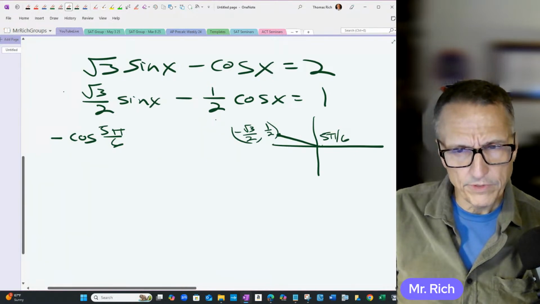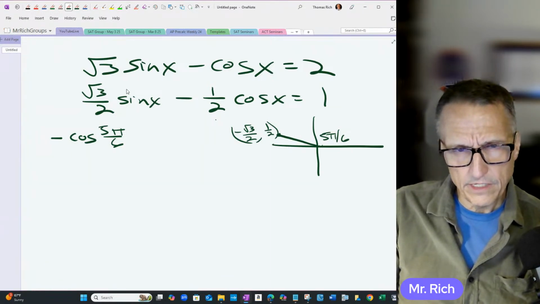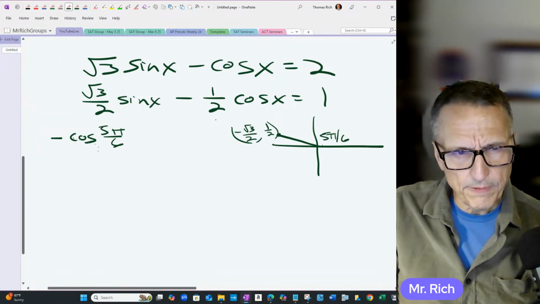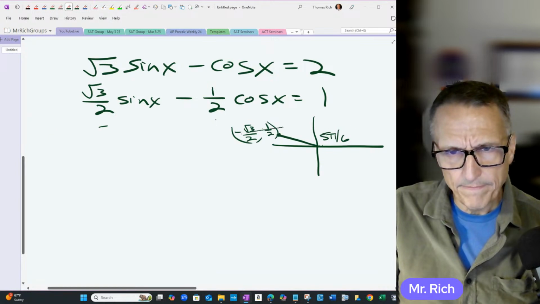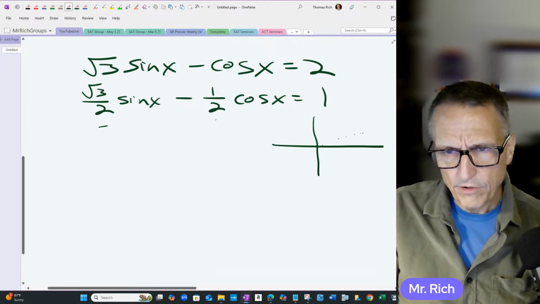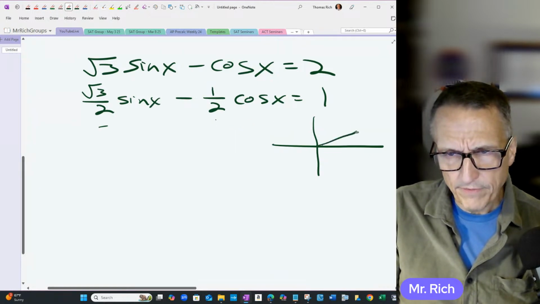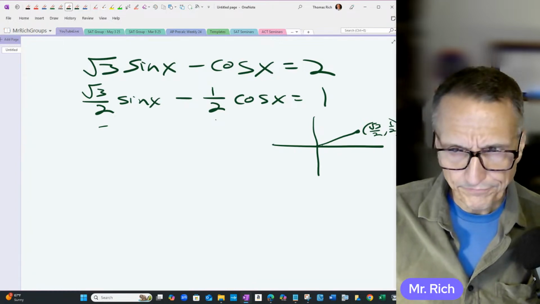So I think what we will do is let's just use pi over 3. Let's come over to this side of the unit circle. So if we come over here to not pi over 3, but pi over 6, what that point is there is root 3 over 2, comma 1/2. I think you would agree with me there.